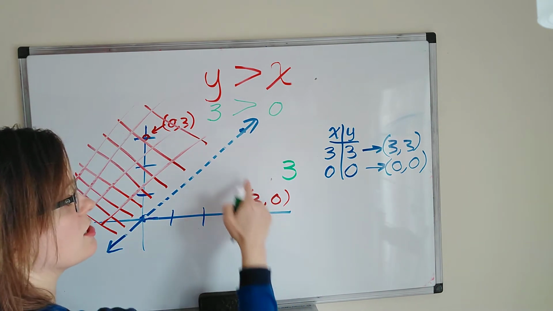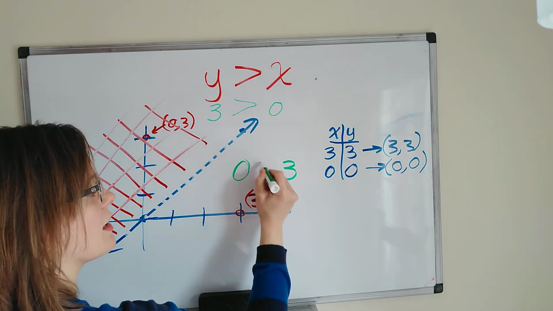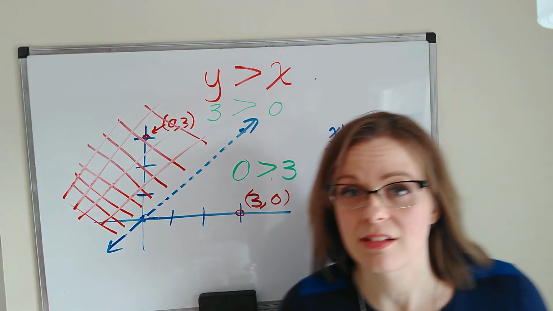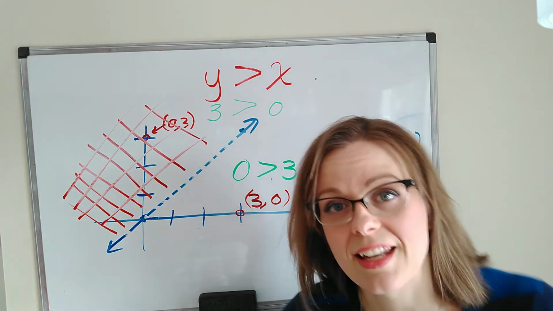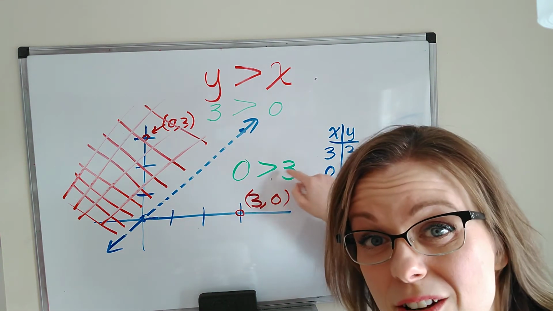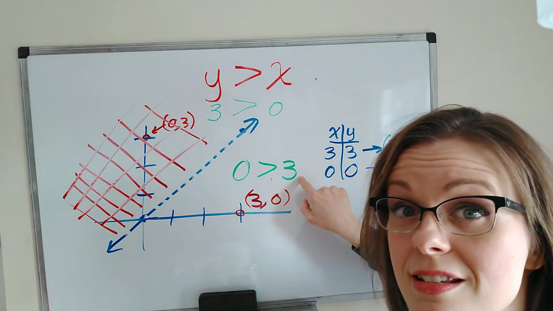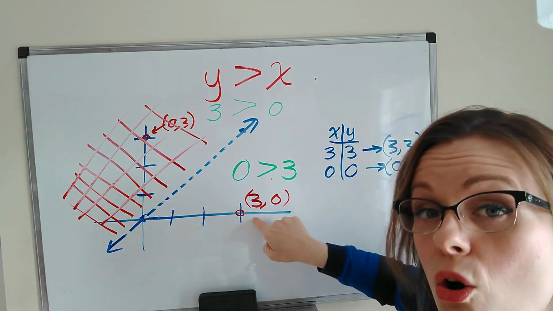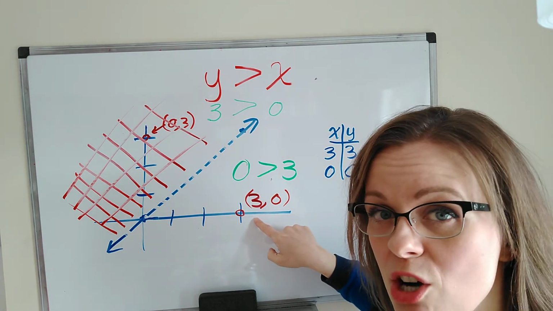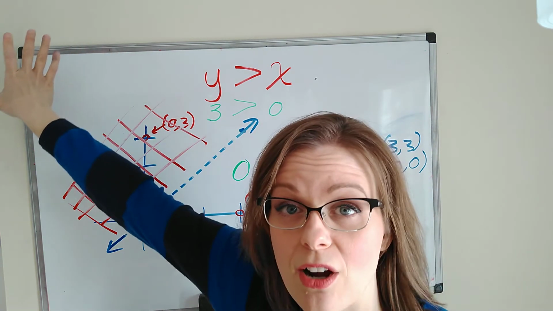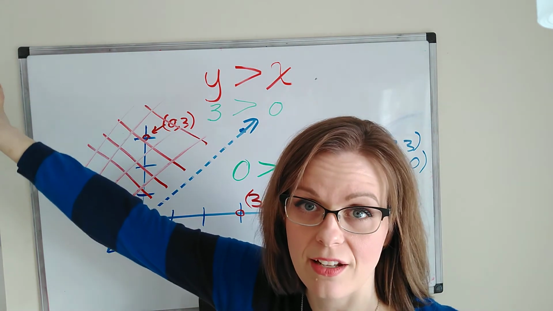And I would take the 0 and put it where y used to be. And make sure that I write my little inequality symbol as well. Again, I check the truth value of this. Is it true that 0 is greater than 3? No, it isn't. So that's how I know that I don't shade this part, because this point is not part of my solution set. I know that I have to shade the other part on the other side of that line.